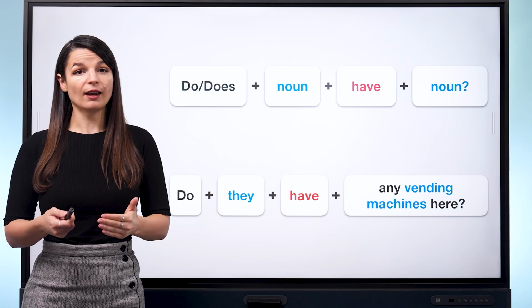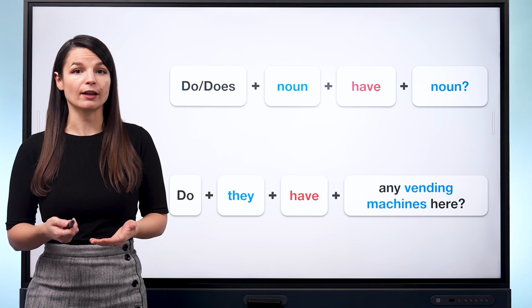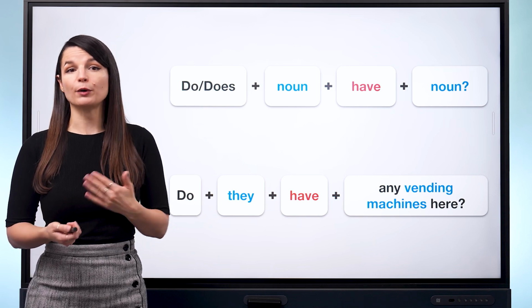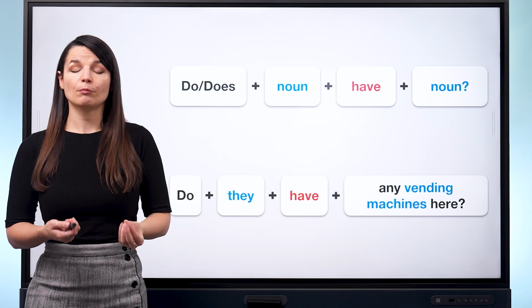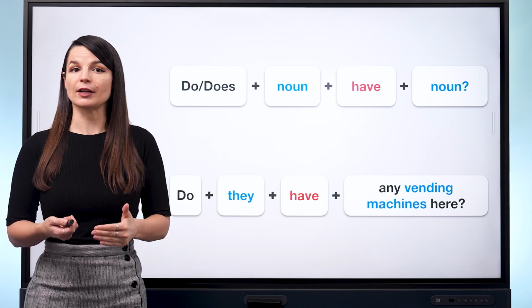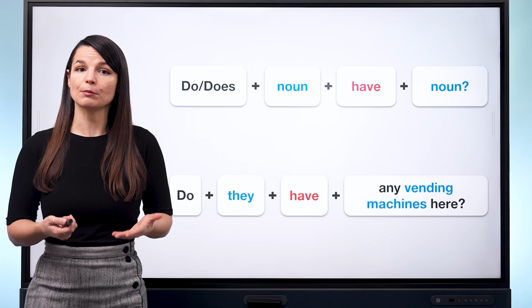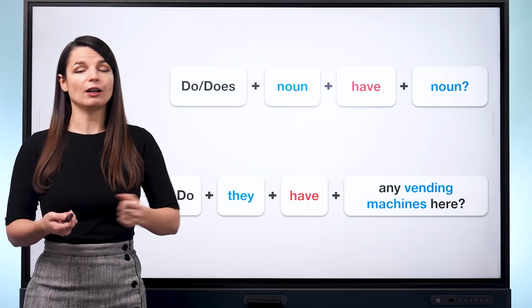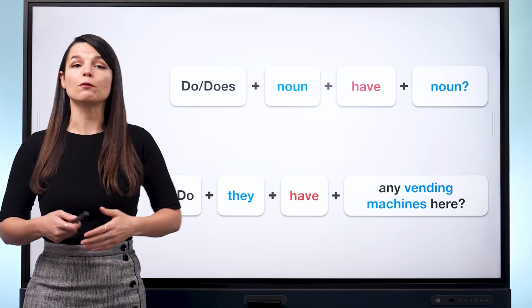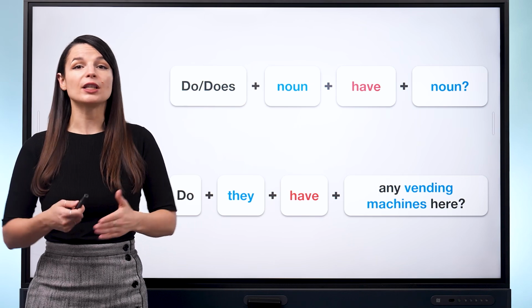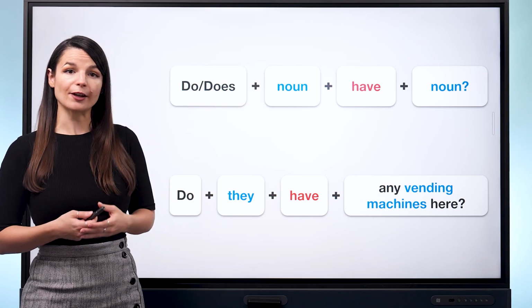The subject they is often used in a general way, especially if we don't know exactly who is in charge. But if you're referring to a singular noun, for example, a business name, you switch to does, like, does Starbucks have Wi-Fi?